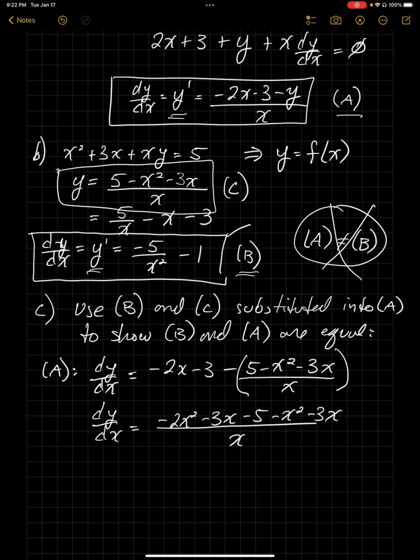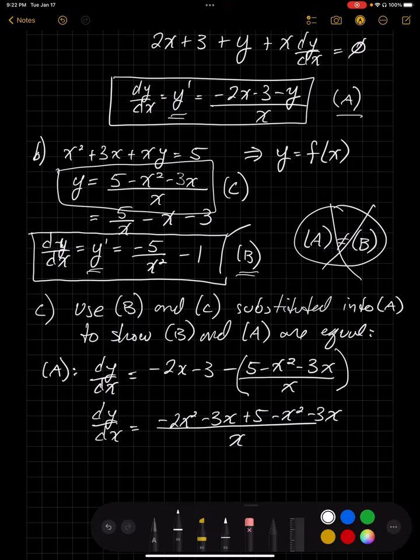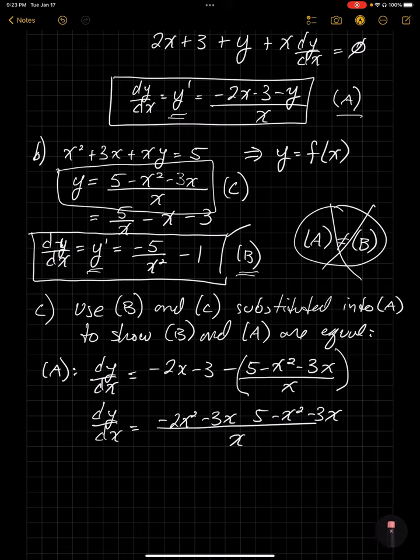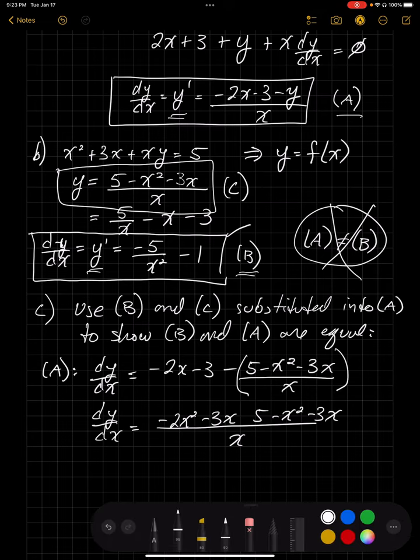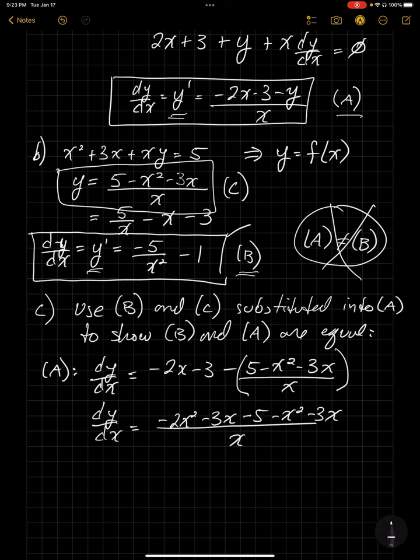And so when I translate that down here, that remains a minus 5. So let me fix that real quickly. So this is minus 5, but this is plus x squared, and this is plus 3x.